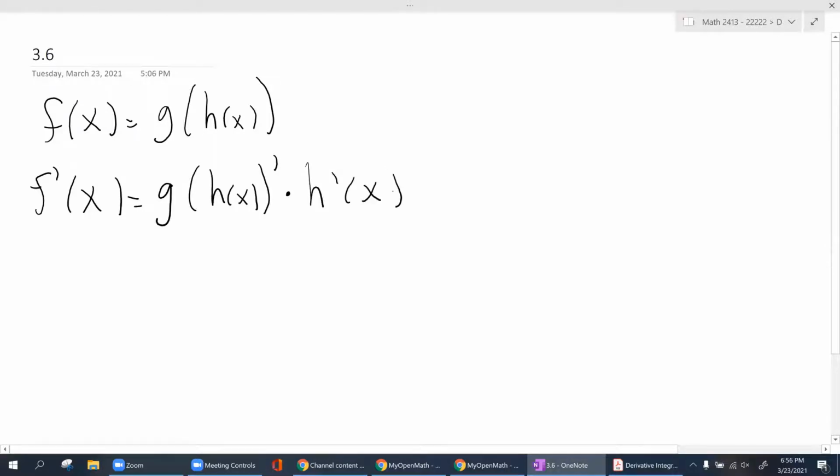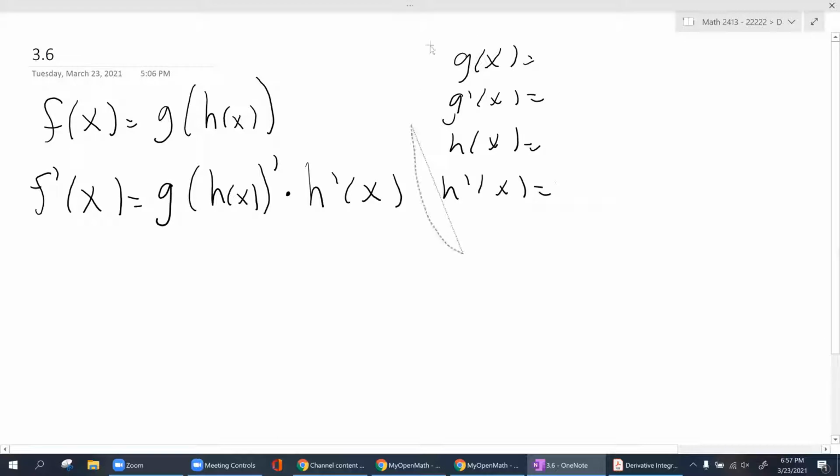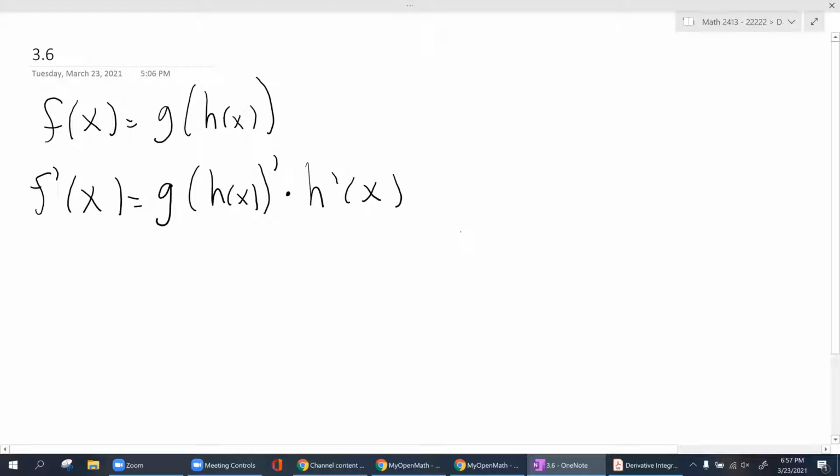We annotate that with a little tick that I derived that. This would be the derivative, meaning I would have a table saying g of x equals some number, g prime of x equals some number, h of x is equal to some number, and h prime of x is equal to some number. Then you would just go ahead and plug in. That right there is knowing the definition.